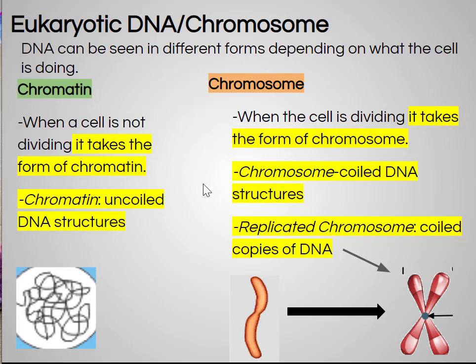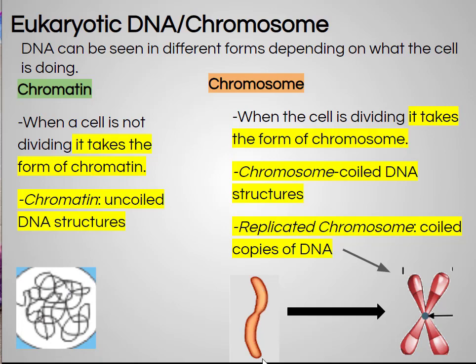A chromosome is when DNA starts to wrap itself up and starts to condense itself down. And then when we do this, it makes it a lot easier to copy. So if we look here, it's a lot easier to copy this orange chromosome than it is to get all of these stringy noodles or stringy DNA and to copy all of that information.